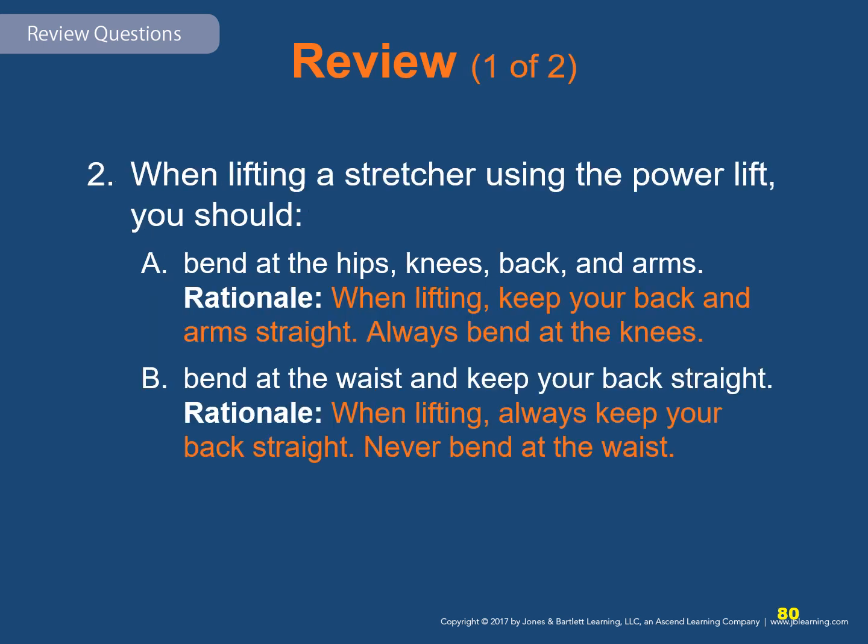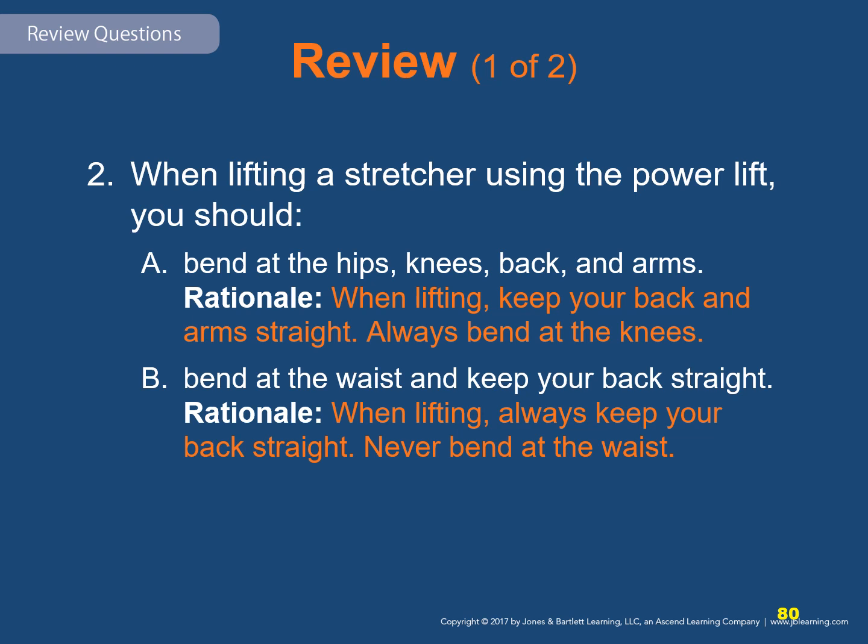So let's look at the other answers. When lifting a stretcher using the power lift, you should A, bend at the hips, knees, back, and arms. When lifting, you want to keep your back and arms straight and always bend at the knees. So that answer is incorrect. B, bend at the waist and keep your back straight.